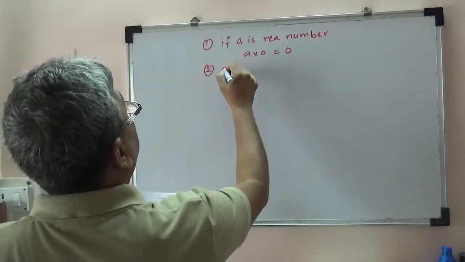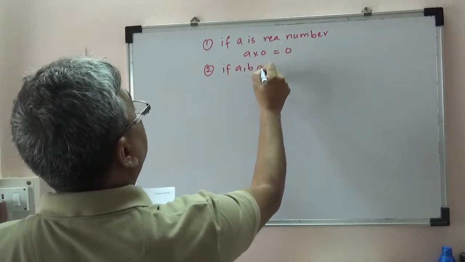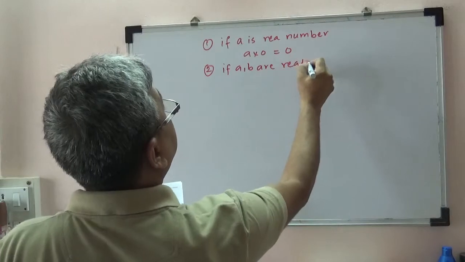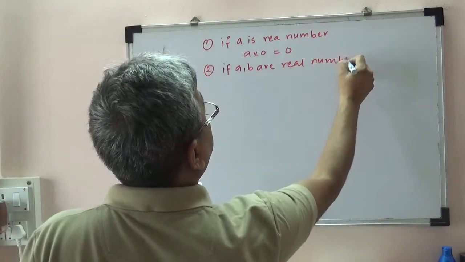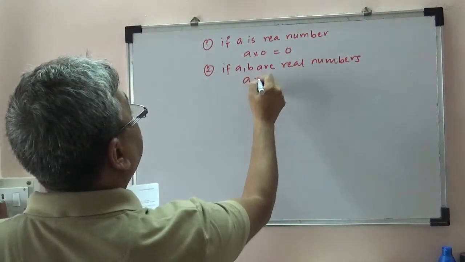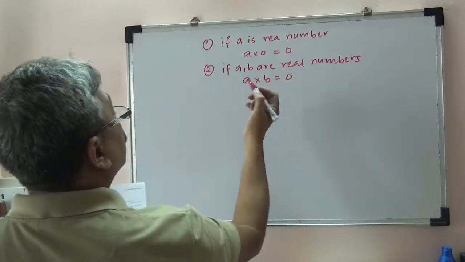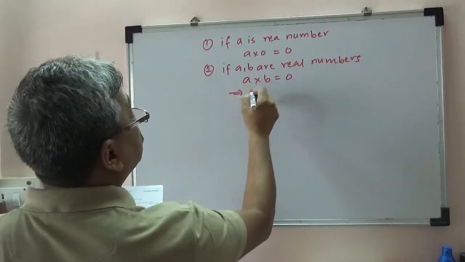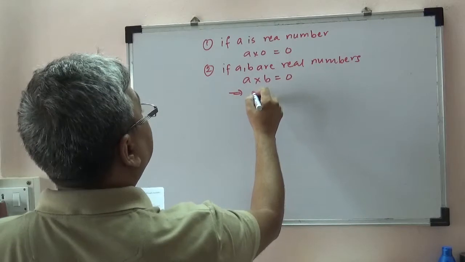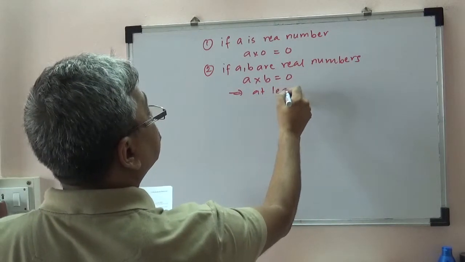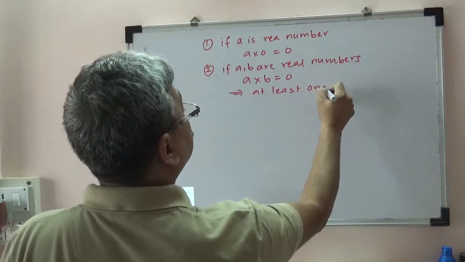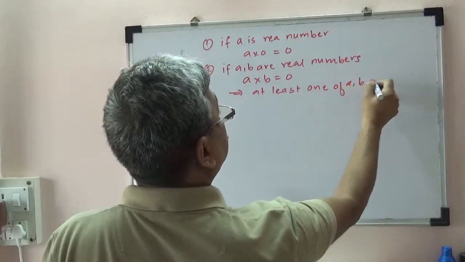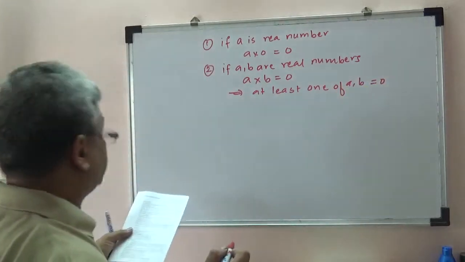If a, b are real numbers and a into b is equal to 0, then at least one of a, b is 0.